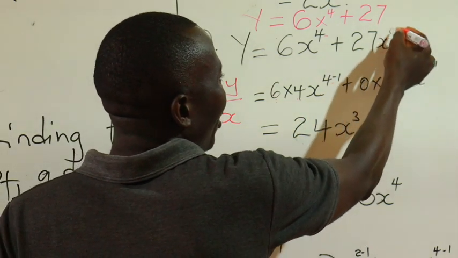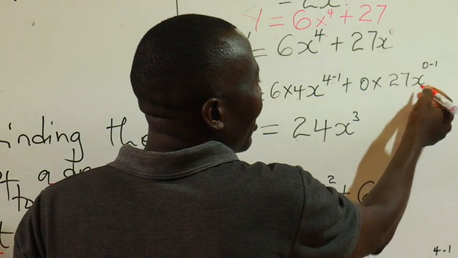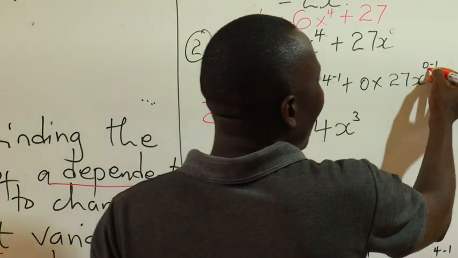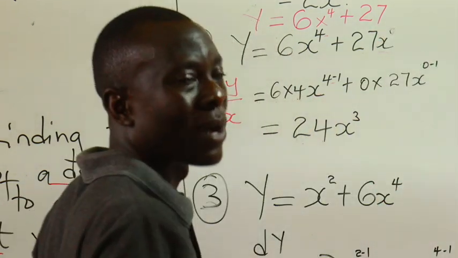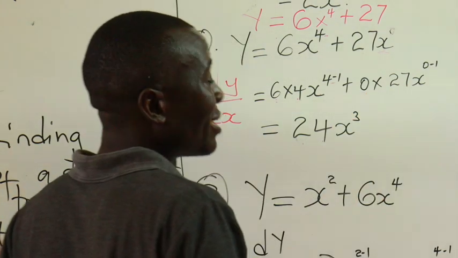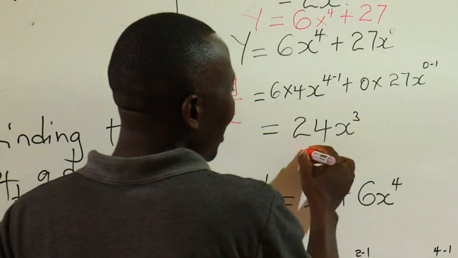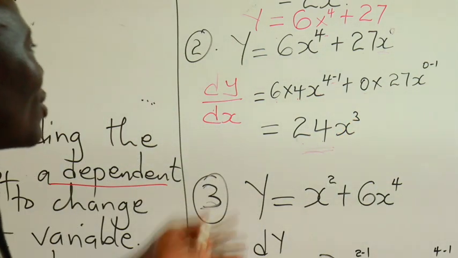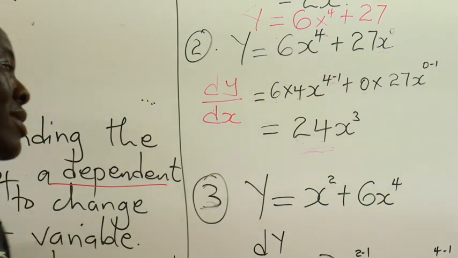So this power 0 is dropped so that it becomes 0 times 27x, then we reduce the power by 1, so it becomes 27x raised to power minus 1. But because we are multiplying by 0, a number multiplied by 0 becomes 0, and therefore the constant disappears. The final answer will be 24x raised to 3. So when you differentiate a constant, the constant disappears.